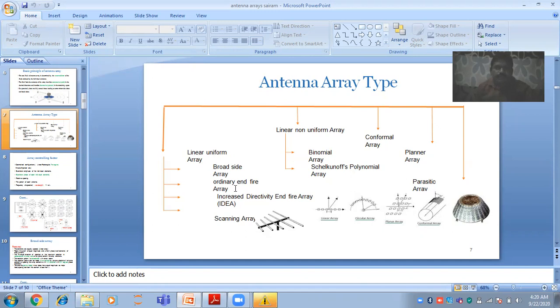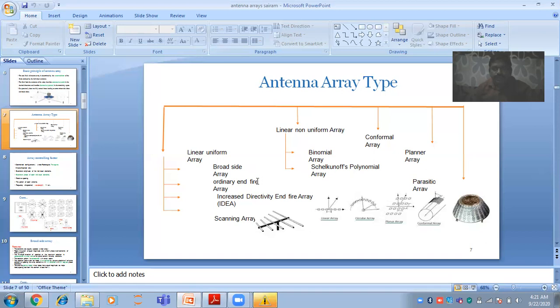Today, while explaining the two-element array and the different cases of two-element arrays, we will also explain the broadside array and also end-fire array. I will show that also. So by using two antenna elements, now we are going to form the antenna array, and we are calculating the field at the far point from the array, and we will take different cases.